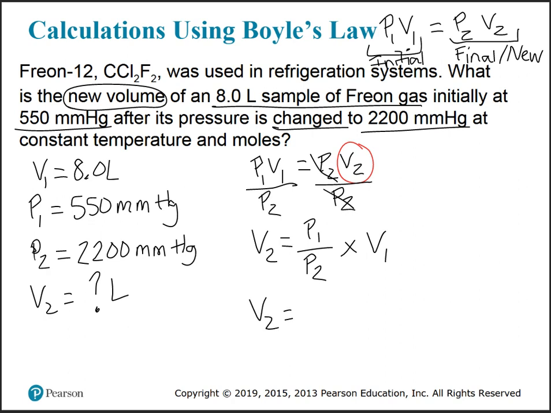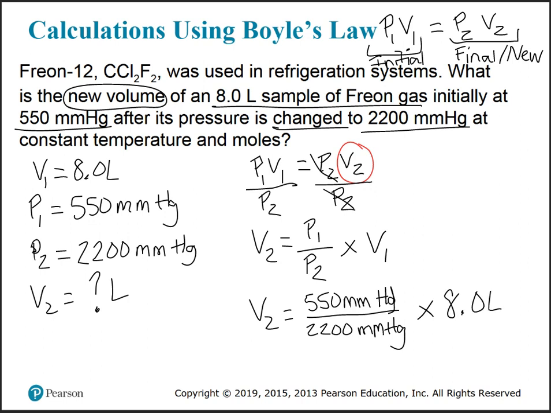So then we plug in our numbers. For P1, it's 550 millimeters of mercury. Our new pressure, the P2, is 2,200 millimeters of mercury. And we're multiplying that by our initial volume of 8 liters. Try putting that into your calculator and see what you get for the new volume.